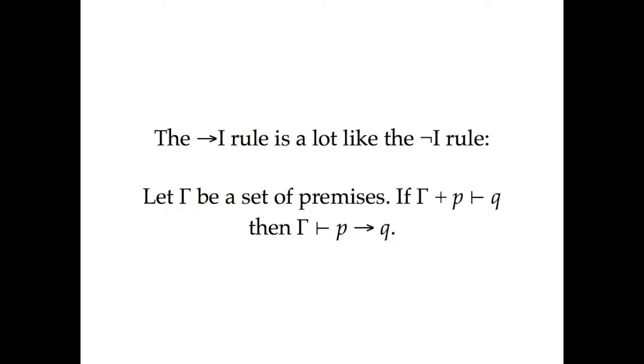Here's what it says. If gamma is a set of premises, then whenever gamma plus P proves Q, gamma proves if P then Q.